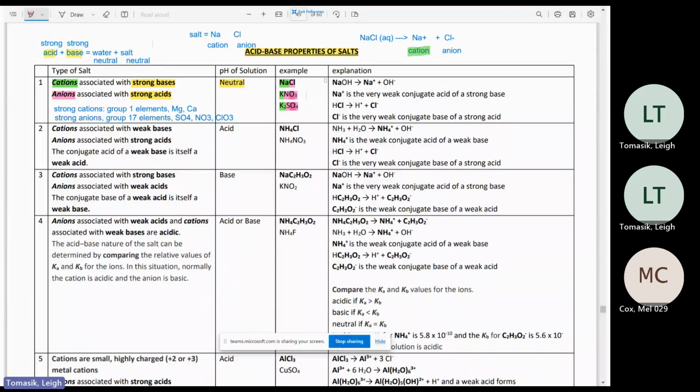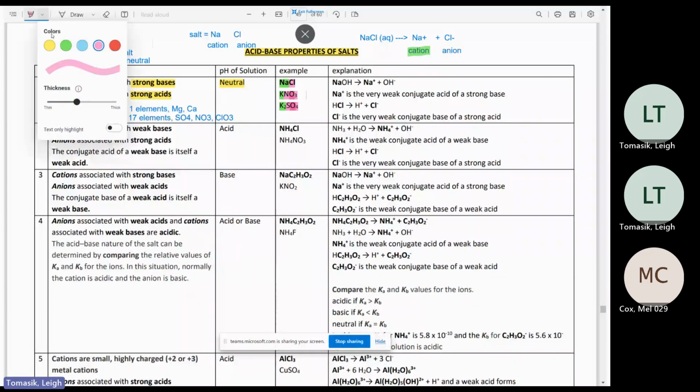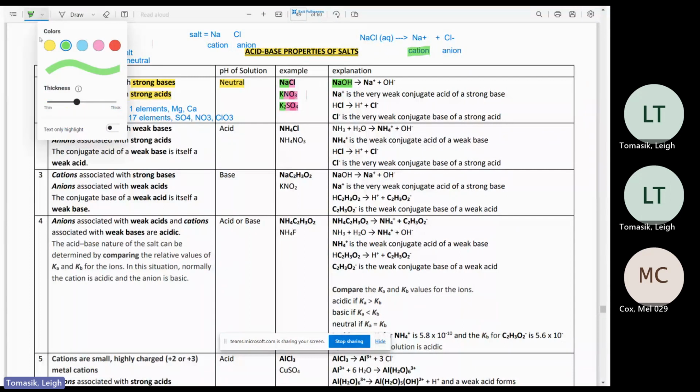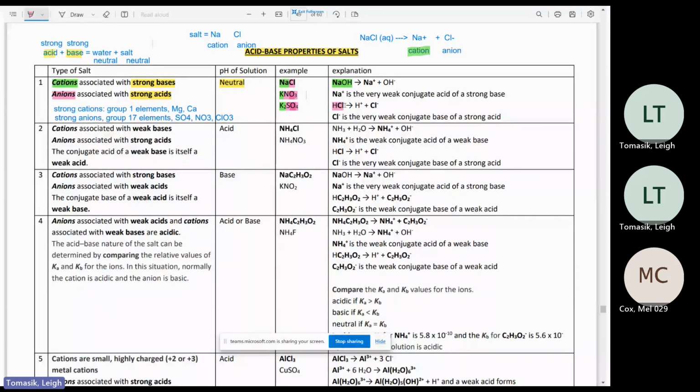So you can see that when I have, for example, NaOH, right? My base is NaOH and my acid is HCl. NaOH is on the strong bases list. HCl is on the strong acids list. So what happens? Okay, we get NaCl.